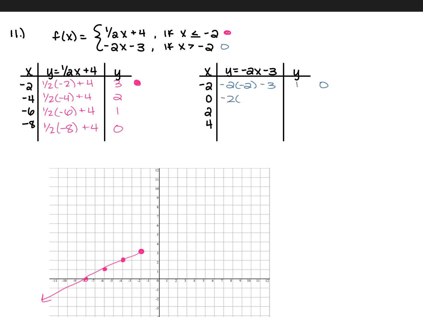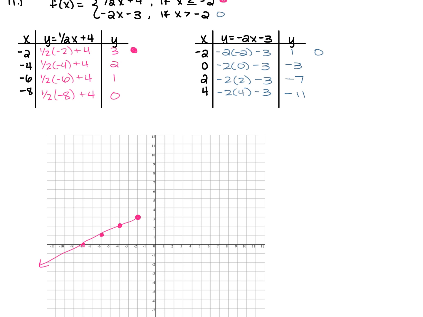Then negative 2 times 0 minus 3 is negative 3. Negative 2 times 2 is negative 4, minus 3 is negative 7. Then negative 2 times 4 is negative 8, minus 3 is negative 11.